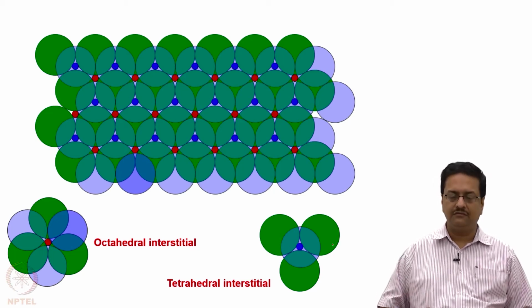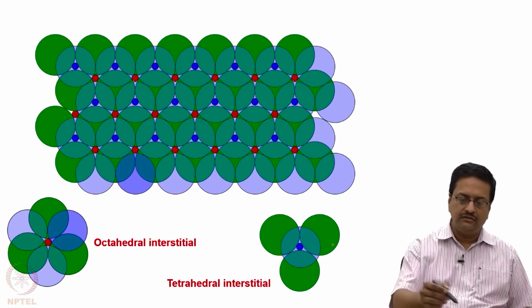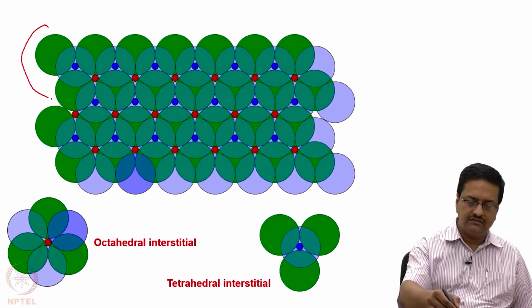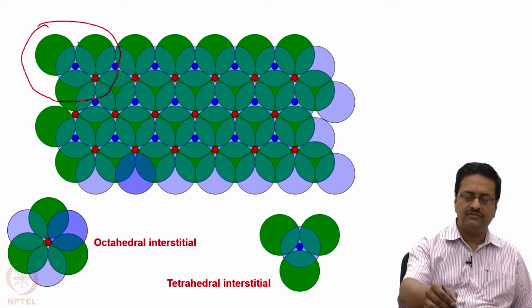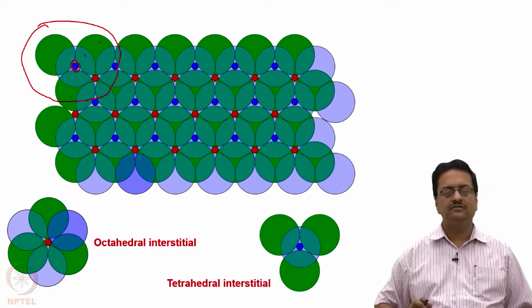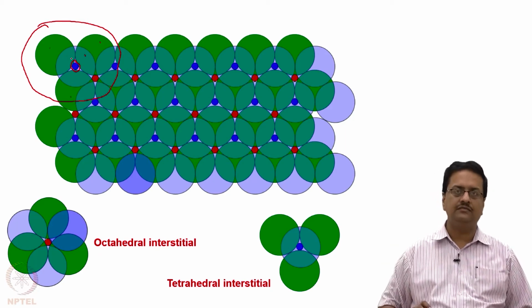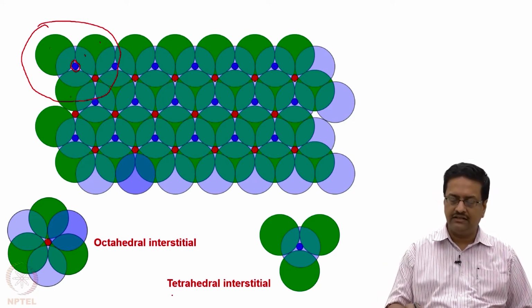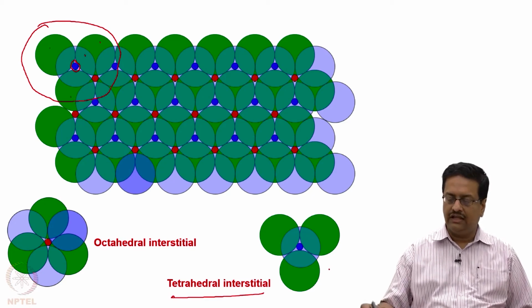the spherical atoms, which are now represented in blue, you see that when we look at this region, here we have 3 greens, 1 blue, and then at the center we have 1 blue. So that central blue atom corresponds to the tetrahedral interstitial like this.